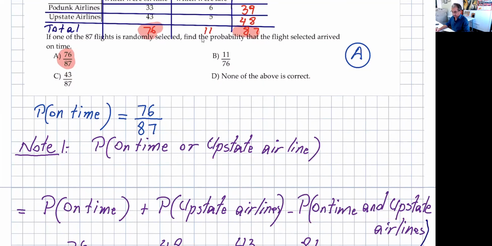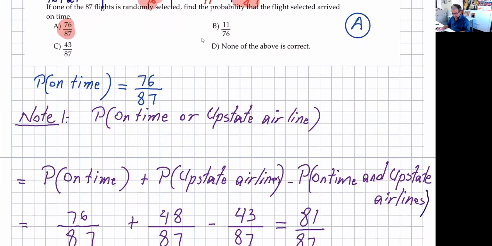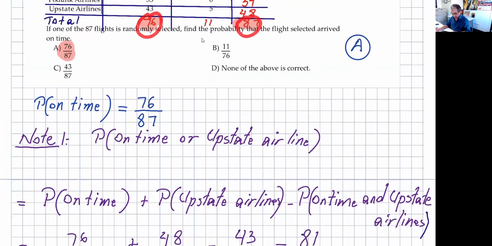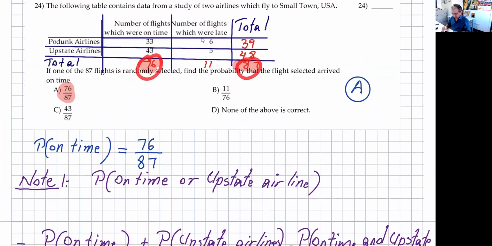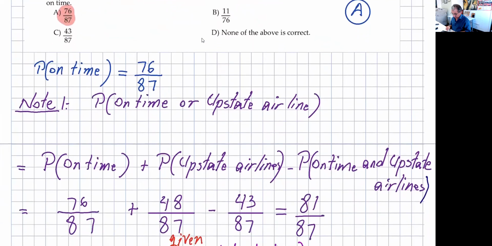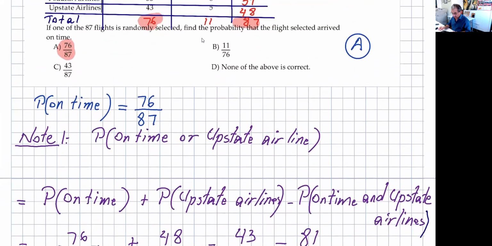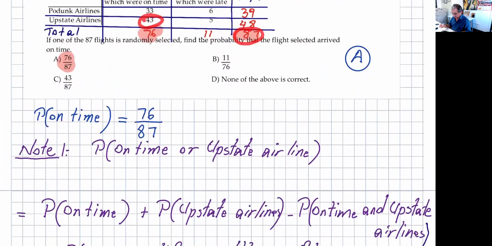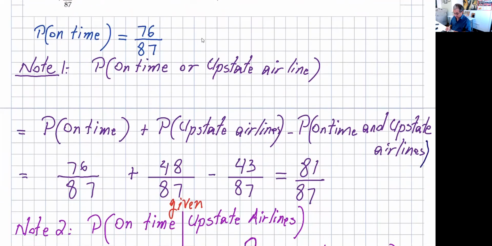And you find this information from the table. On time is 76 out of 87. Upstate is 48 out of 87. Minus on time and upstate is 43 out of 87. So you use the formula and this is the answer. Read the information from the table.